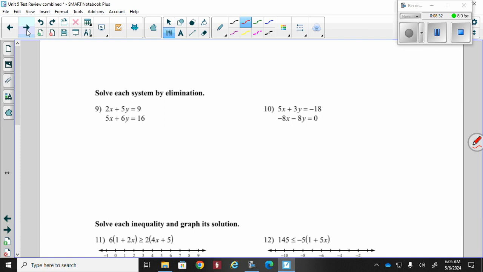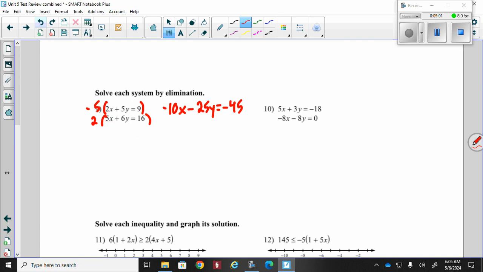All right. Solved by elimination. So I'm going to go ahead and, if you remember, switch things out. So I'm going to multiply this by 5, multiply this by 2. However, here's the thing. If you notice, both of these are positive. So that means two positive numbers do not cancel each other out. Something's got to be negative, so I'm just going to make this 5 a negative. So it turns into -10x minus 25y is equal to -45.